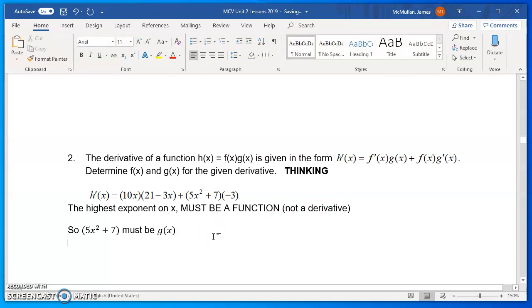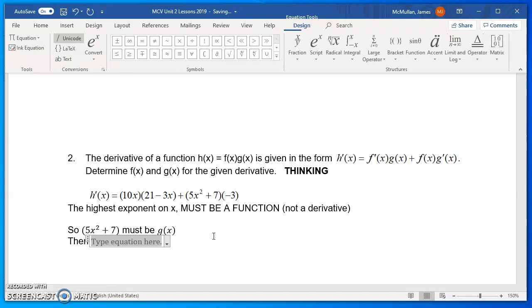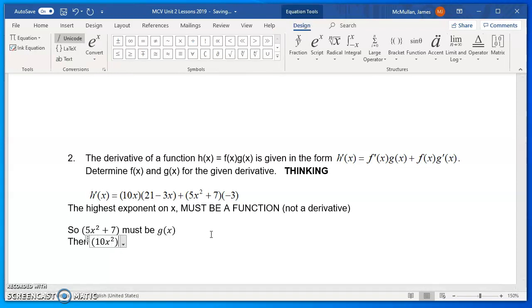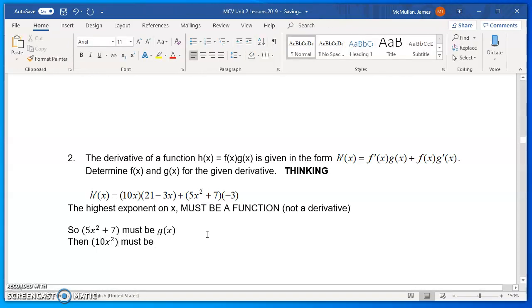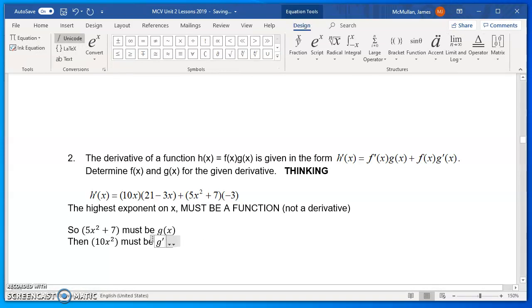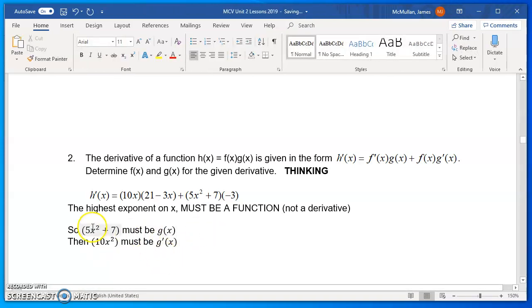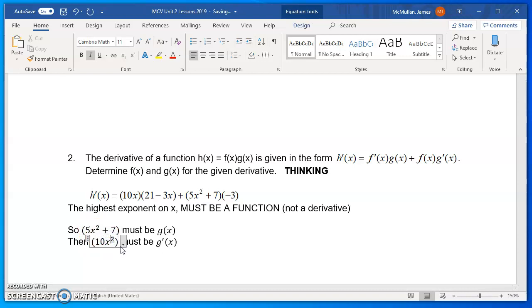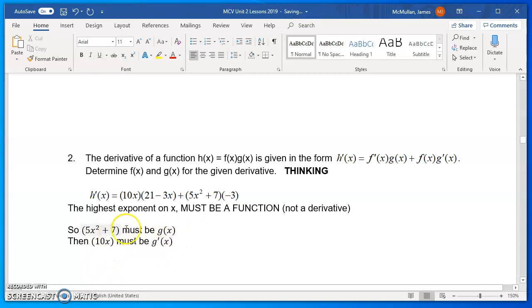This means then, in the first half of the equation, I'm looking for a 10x, sorry, not 10x squared, I'm sorry, there's a mistake there, just 10x must be g prime, because you take the derivative of this 5x squared, and that's the 10x.